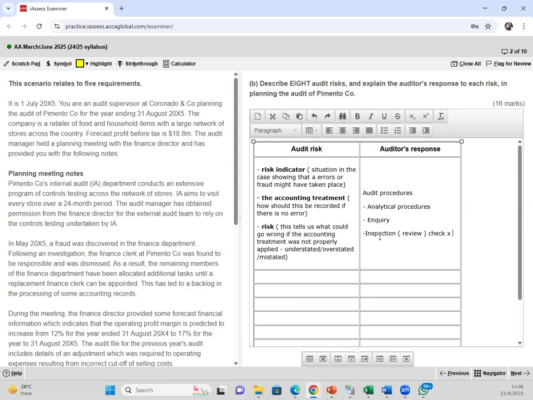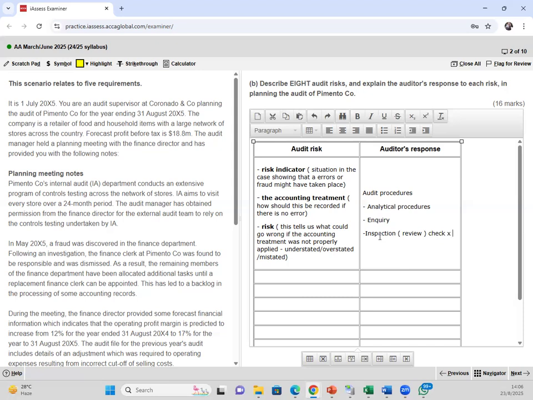Desist from using the word check. From now onwards, never use it, in fact. Check the records, no. Check the documentation, no. What is checking? They say check is too vague. It doesn't tell us exactly what you are saying. If you are checking, what are you doing? So avoid at all costs the word check.